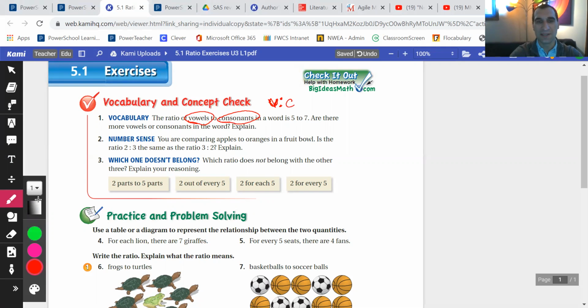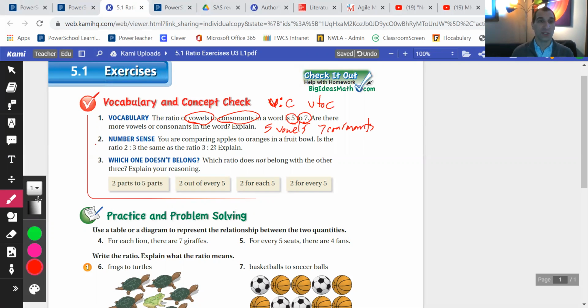And they're saying that it's 5:7. So there are 5 vowels in the word and 7 consonants in the word.